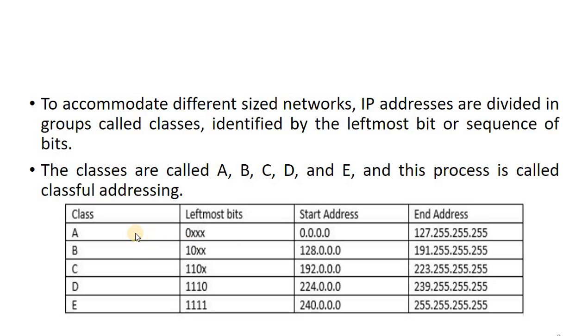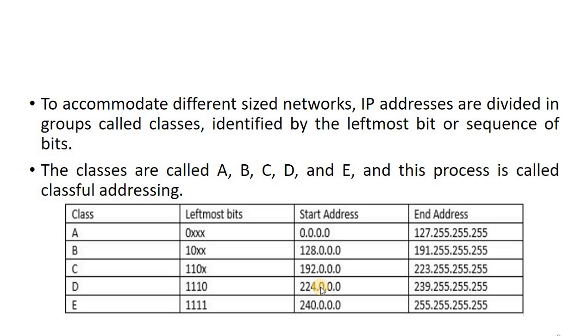So as you can see, class A ranges from all zeros to 127.255.255.255. Class B ranges from 128.0.0.0 to 191.255.255.255. Class C ranges from 192.0.0.0 to 223.255.255.255.